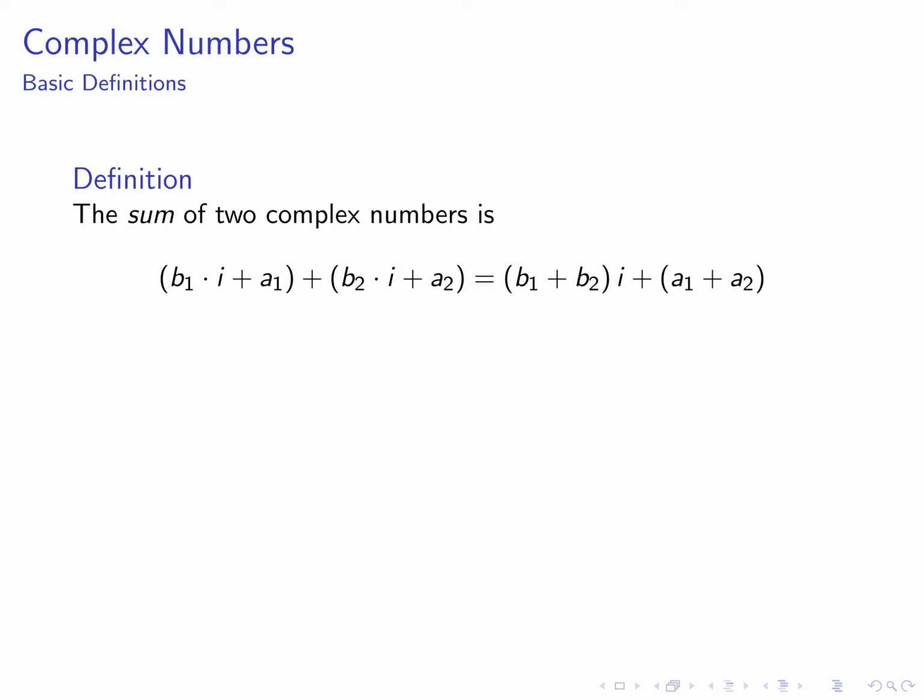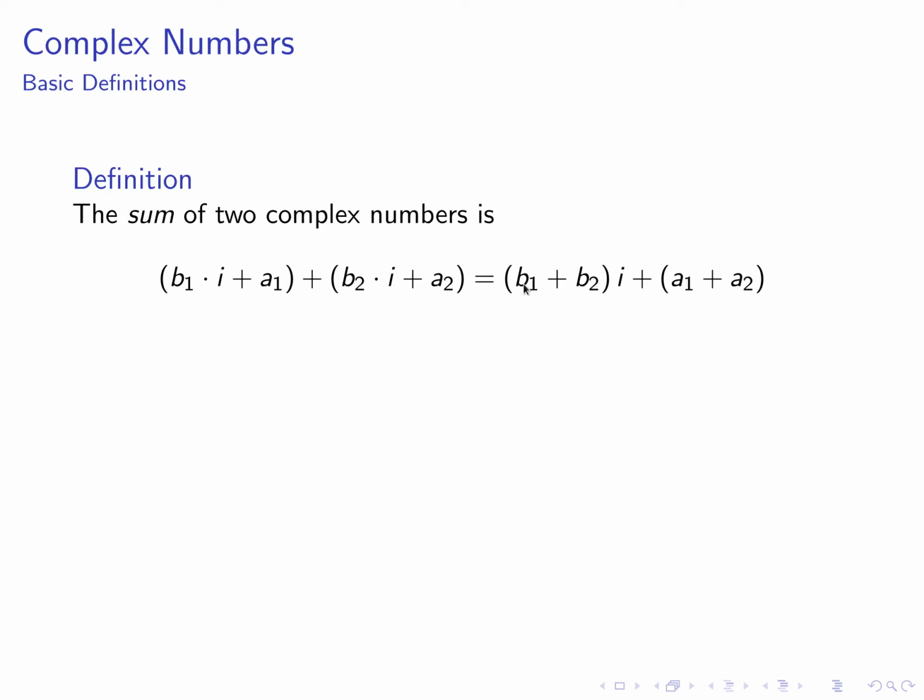Okay, so how do we do arithmetic with complex numbers? Well, to add two complex numbers, the formula is pretty straightforward. If we want to add a complex number b1 times i plus a1 to another complex number b2 i plus a2, what we do is we compare the imaginary parts of these complex numbers, in this case b1 and b2, we add them together, and then we multiply by i.